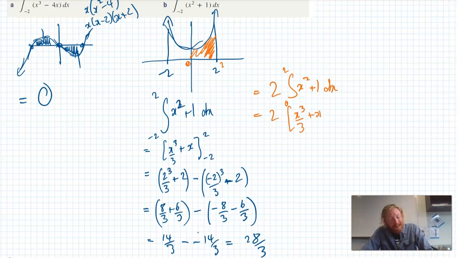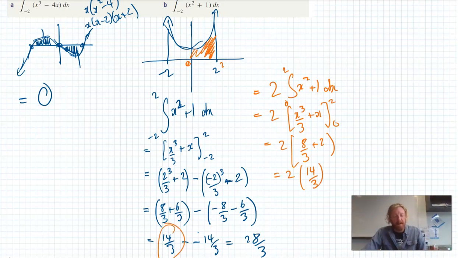I'm doing this again, don't need to. I've already done it. 2 to 0 equals 2 lots of 8 on 3 plus 2, equals 2 lots of 14 on 3, which is what we saw here.